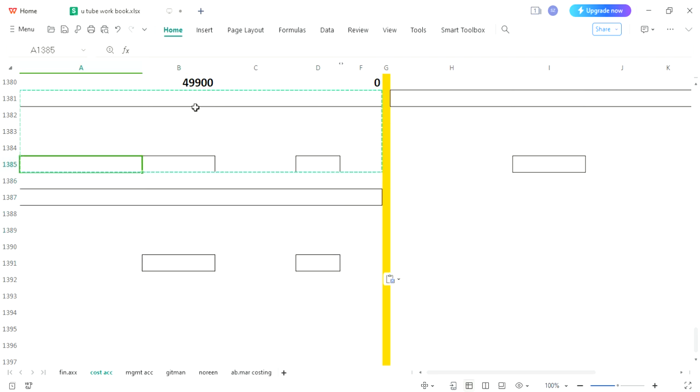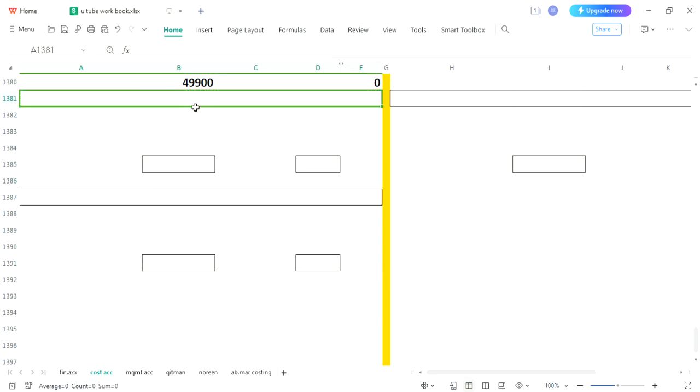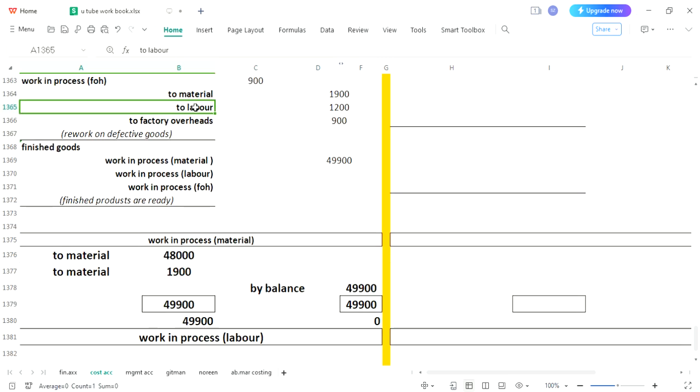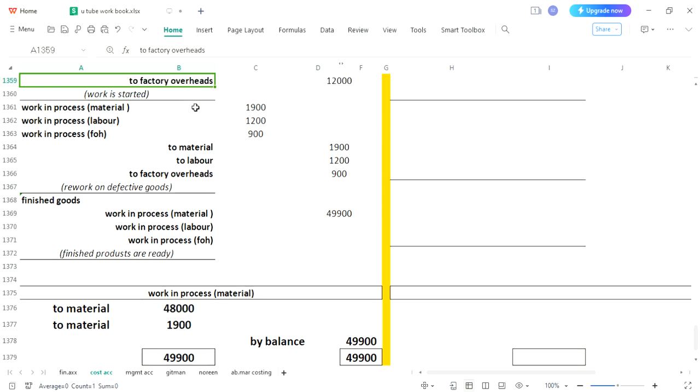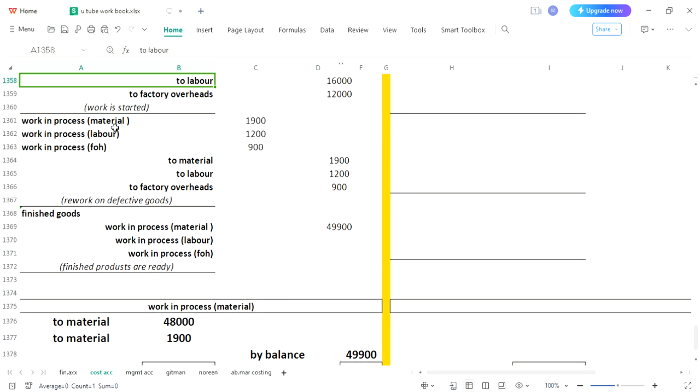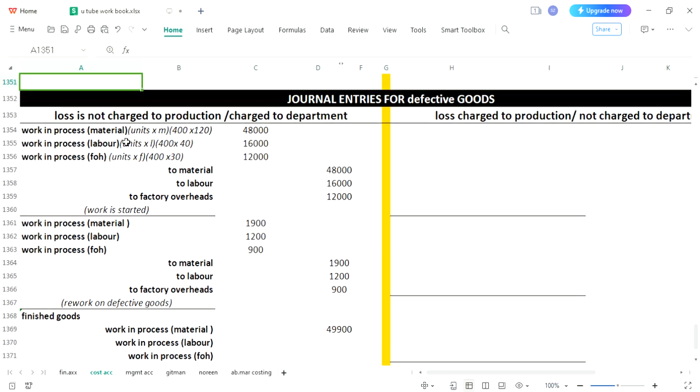The second ledger which we will make is work in process labor. Now we will see where entries are present for work in process labor. Since only two journal entries are present, in both journal entries work in process labor is on the debit side. First entry, work in process labor 16,000 debit; second entry, work in process labor 1200 is debited.